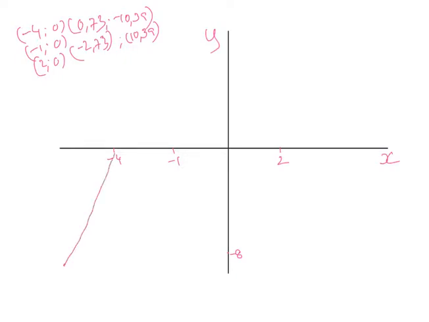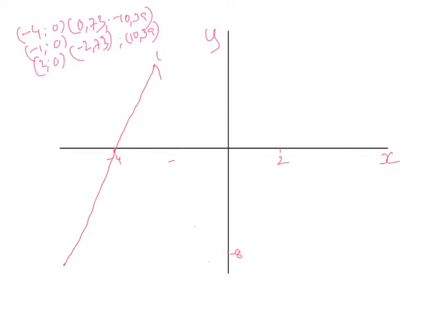And now what will happen? Here I have negative 2.73 and up there 10.39. So this is my first turning point, (-2.73, 10.39), right? Then I come down. And my second turning point is at 0.73. Allow me to erase this one.